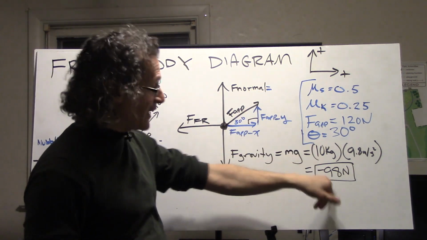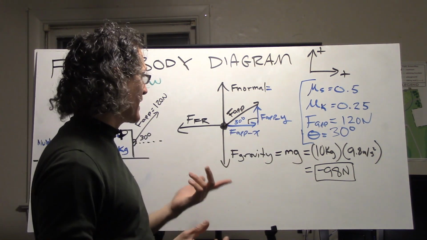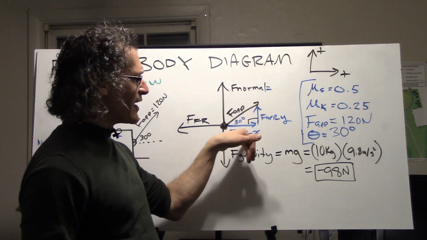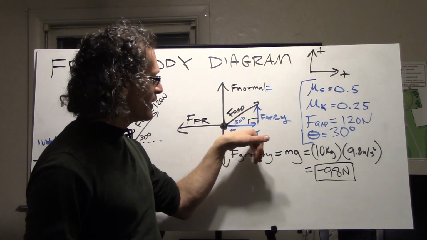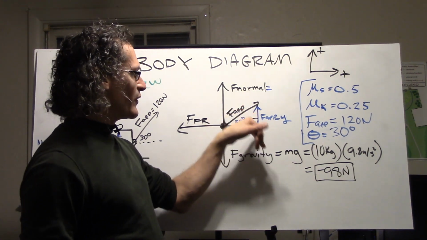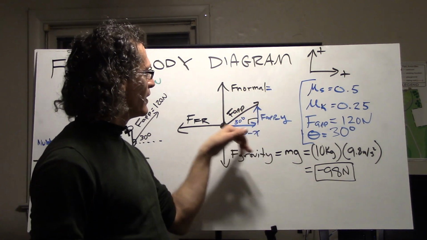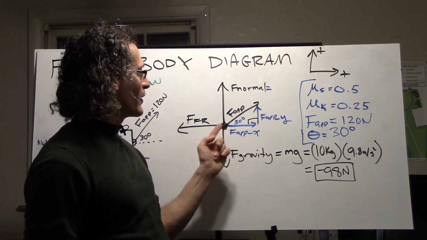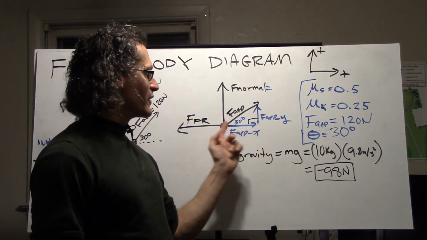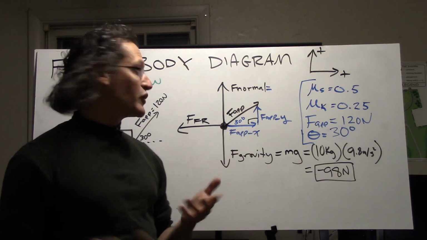We'd expect that it's going to be less than the 98 newtons it was last time. In the x direction, we'd also expect that this force is less than 120 because some of it is being translated into that vertical pull. Therefore, over here, it's going to be less than 120. It's only a component, so we'll see how much it is.